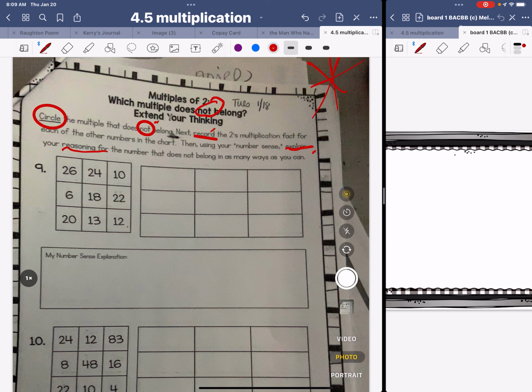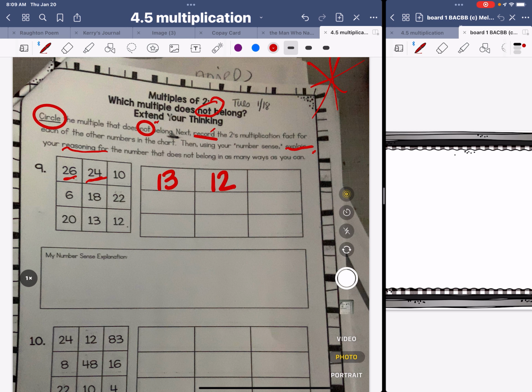Let's get it started. So, okay, for 26, what do I multiply 2 by to get 26? I multiply 2 times 13 to get 26. All right, and then what do I multiply 2 by to get the product of 24? So I would multiply 2 times 12 to get the product 24.